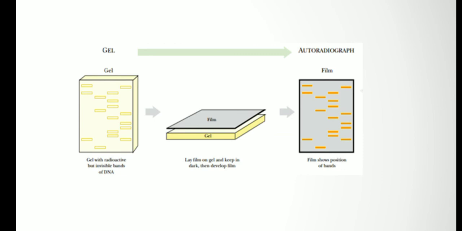In this, the specimen is placed in contact with a suitable emulsion film. The specimen, the radioactively labeled compound, is coming in contact with a suitable emulsion film, that is X-ray sensitive film. After the exposure, the emulsion is developed.